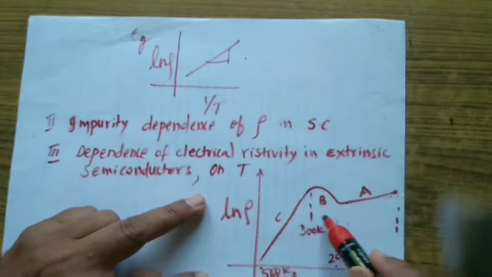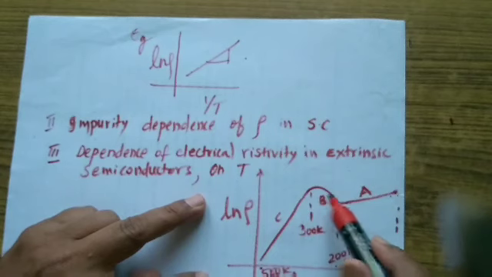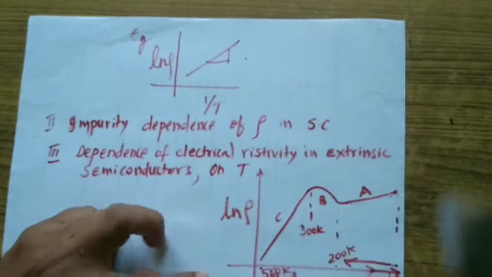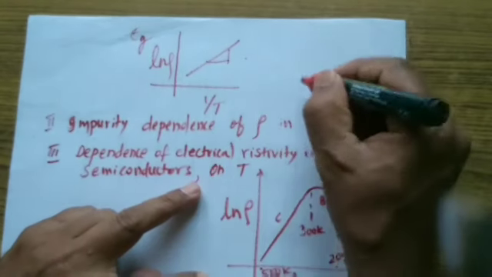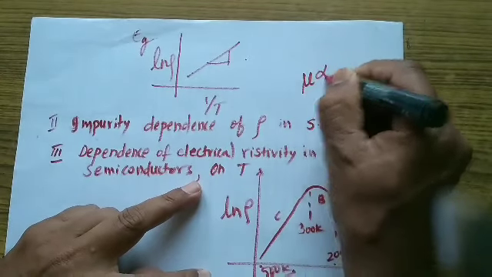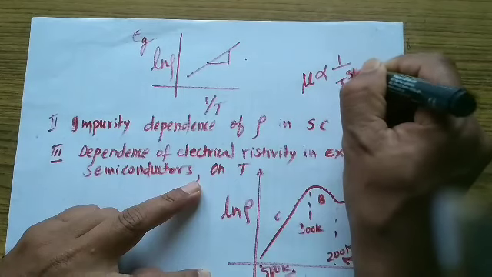and if you further increase the temperature in this region, mobility will dominate. Of course, mobility was varying according to the temperature. Even in the semiconductor, we have already told that mobility is inversely proportional to T power 3 by 2.